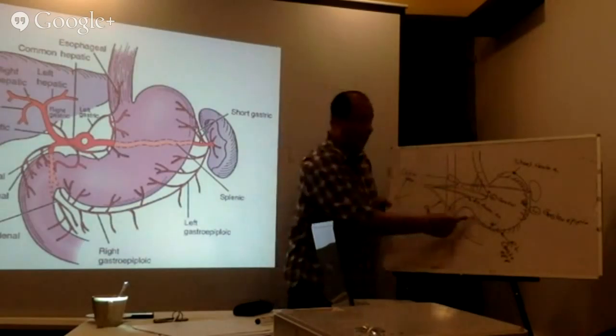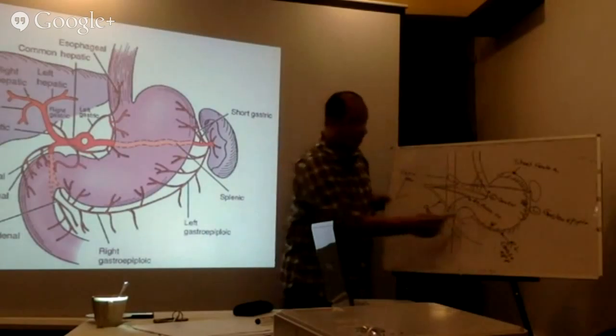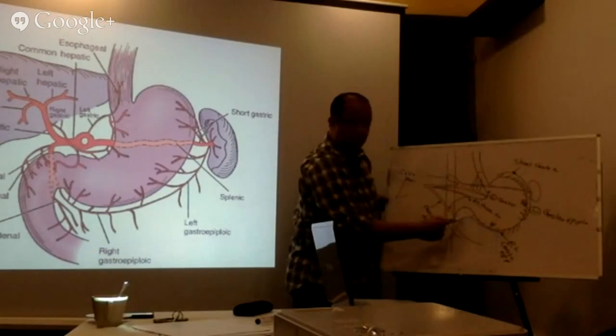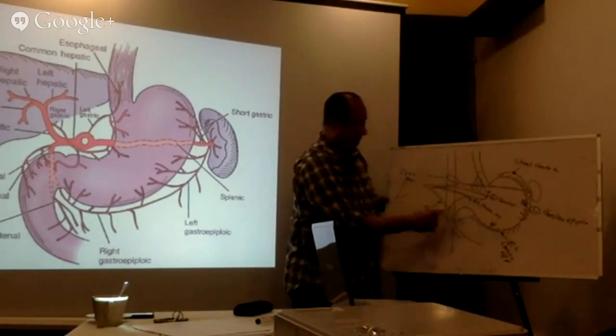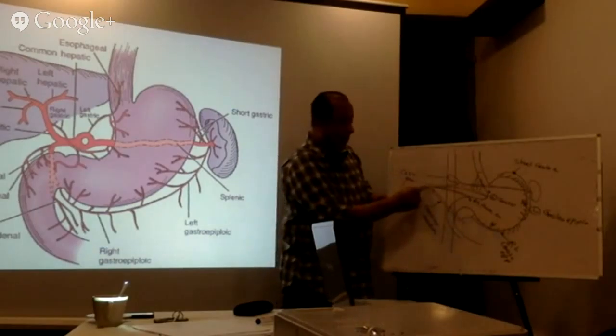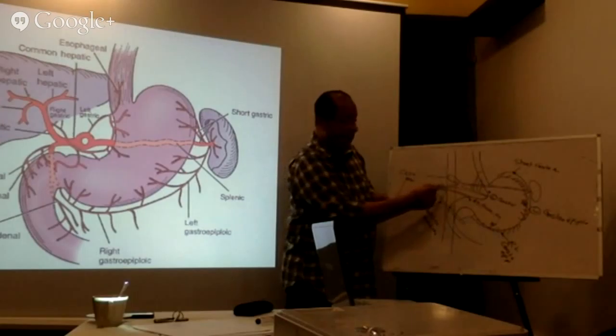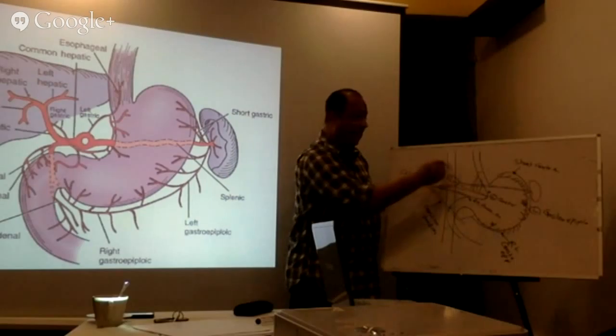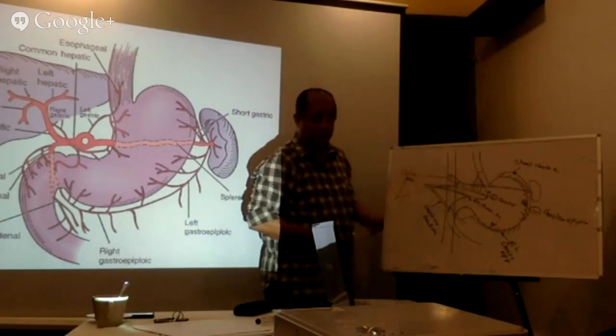Look, the hardest one is the right gastroepiploic artery. This is a branch of the gastroduodenal artery, and the gastroduodenal artery is a branch of the hepatic artery. The hepatic artery is a branch of the celiac artery. The celiac artery is a branch of the aorta.